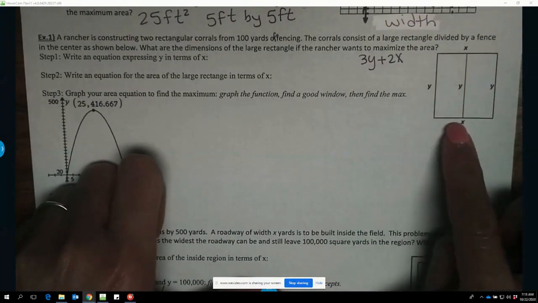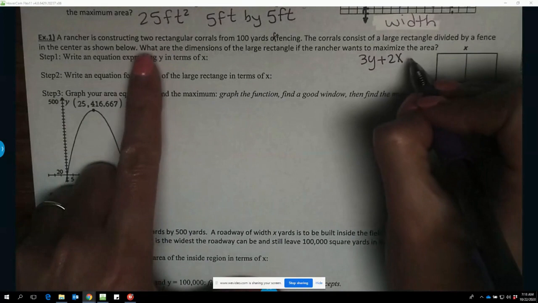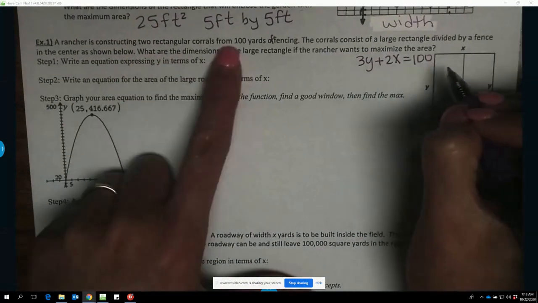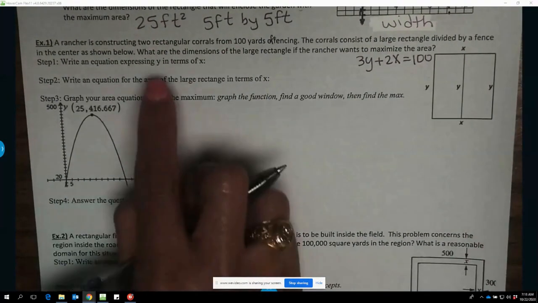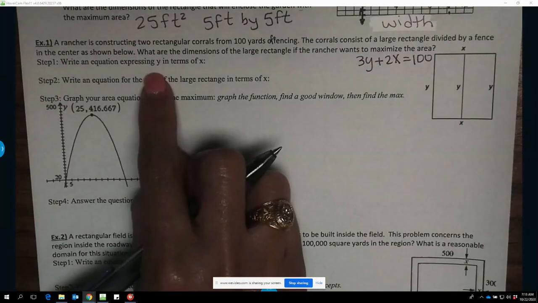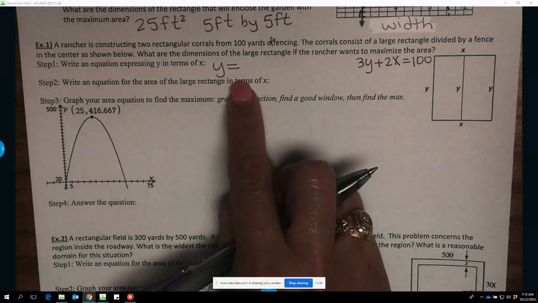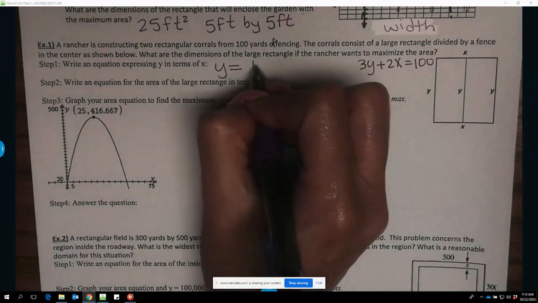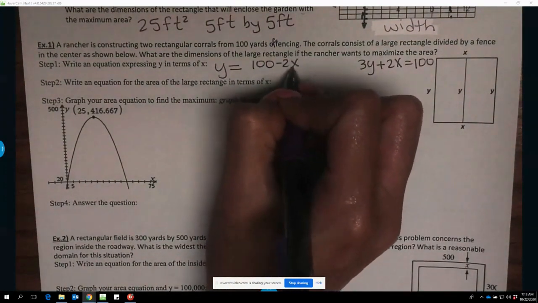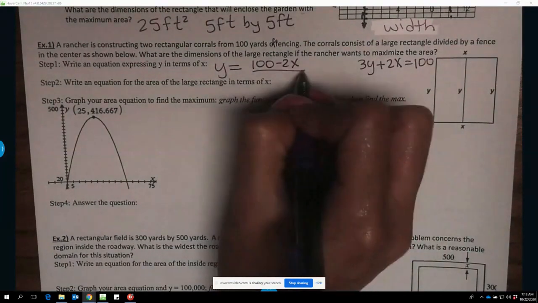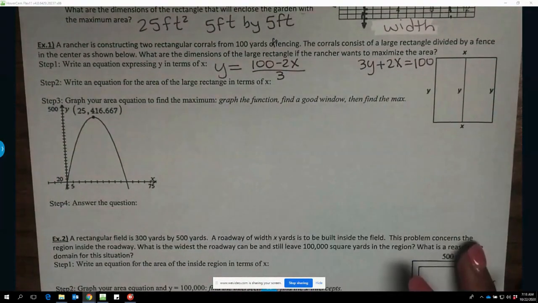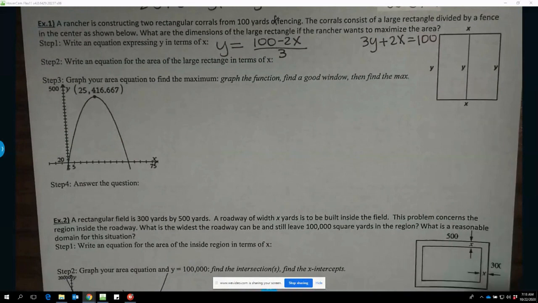That represents the fencing that the rancher needs, and that needs to be 100 because that's how much fencing he has. So now I'm going to solve for y in terms of x. My y here is going to be (100 minus 2x) all over 3. And I can just leave it like that because I can put that in the calculator as is.